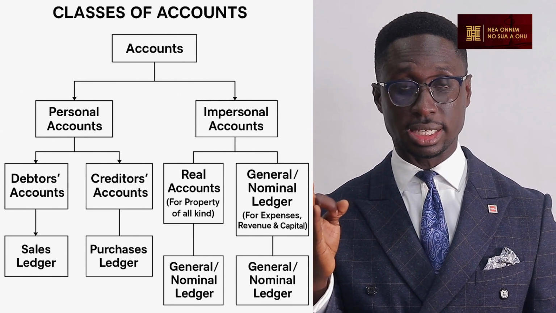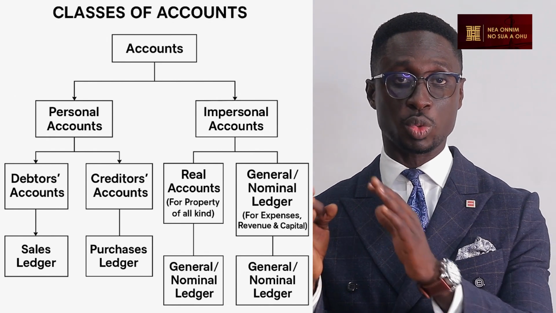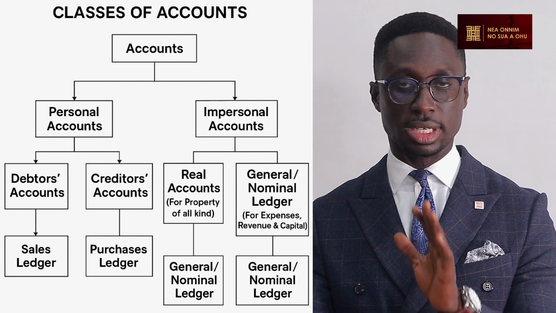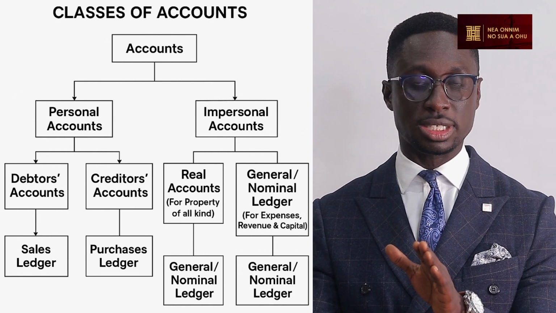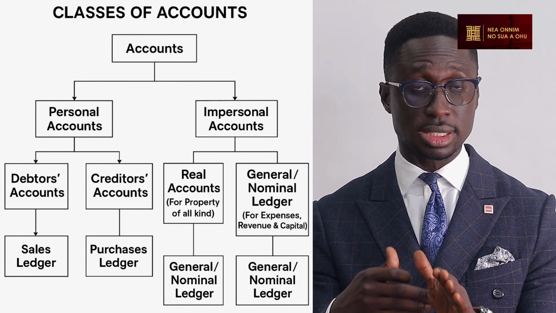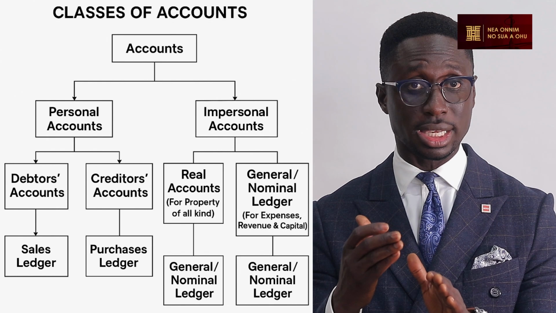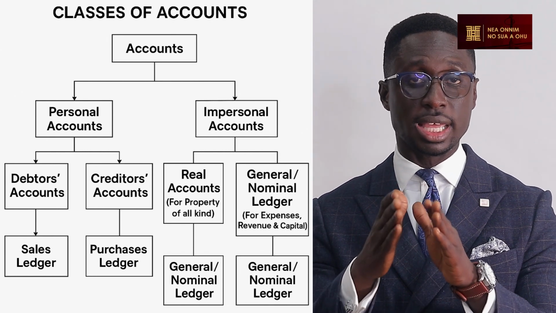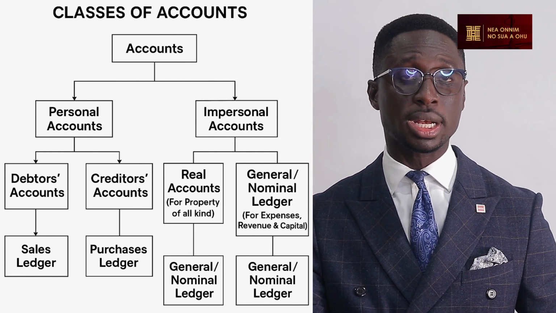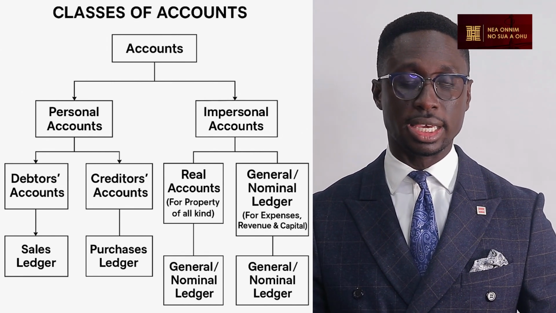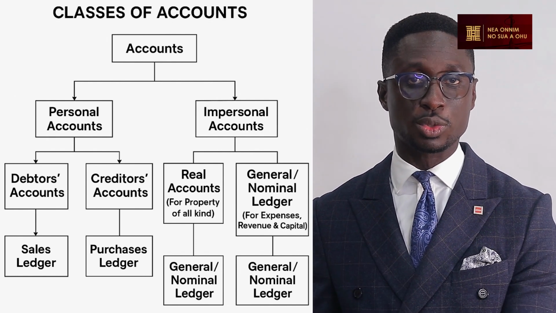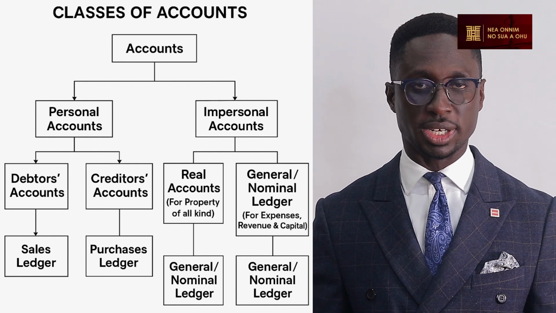On the other side, which is the impersonal account, we would have what? The real account and the nominal account. And the real account, we said, will typically deal with actual property, items like fixed assets, intangible assets, inventory, those kinds of items. And they flow into the general or nominal ledger. And on the other side, we have the nominal account. And there you'd have something like revenue, expenses, or capital. And those will also flow into the general or nominal ledger.